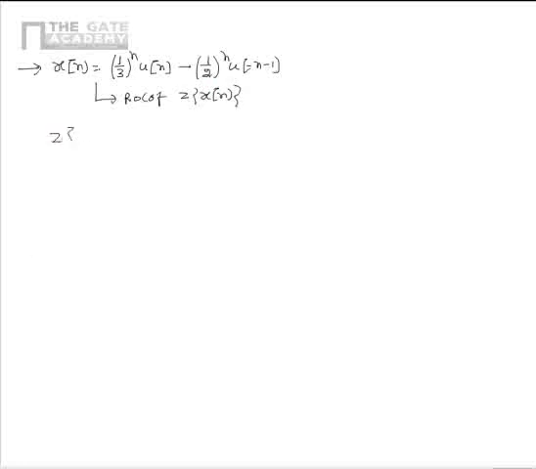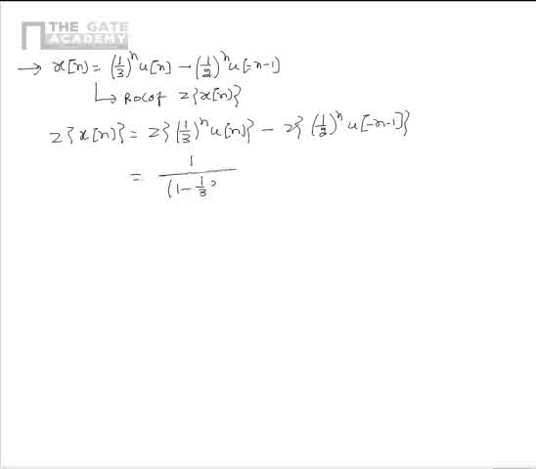We know that the Z transform of x of n is given as Z transform of 1 by 3 whole power n u of n minus Z transform of 1 by 2 whole power n u of minus n minus 1. So the Z transform of 1 by 3 whole power n u of n is 1 over 1 minus 1 by 3 Z inverse, and the corresponding ROC is mod Z greater than 1 by 3.